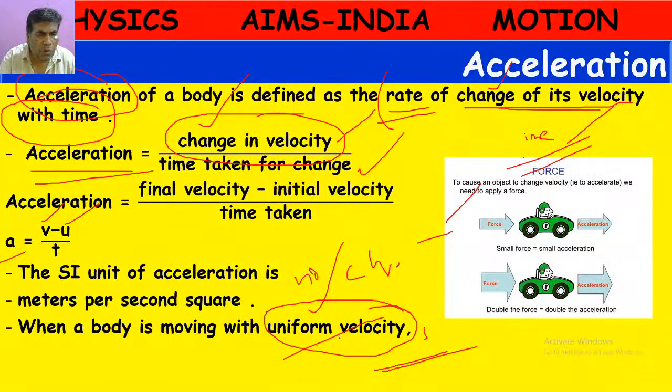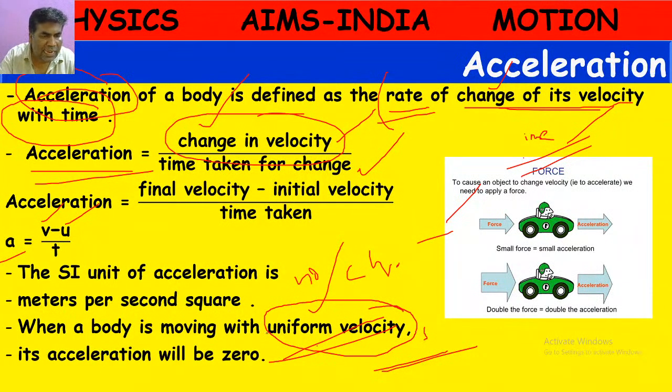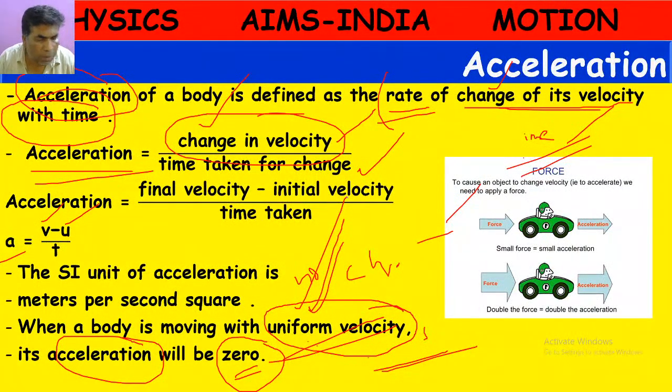When the body is moving with uniform velocity, there will be no acceleration. The acceleration will be 0. Okay children, we have taken so much time for acceleration, so let's go to the next slide.